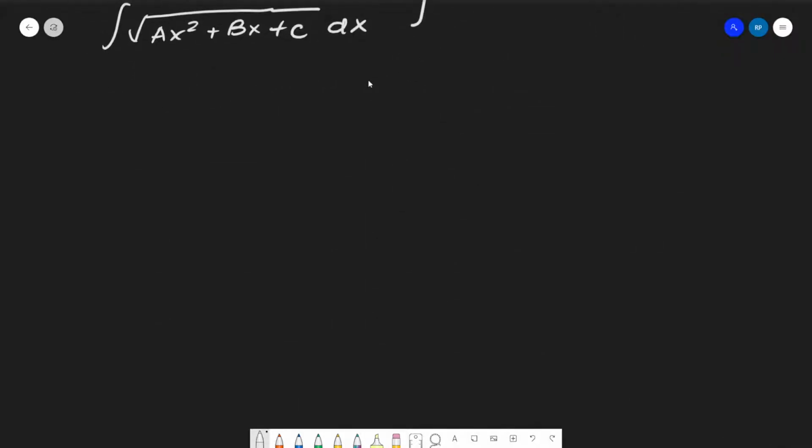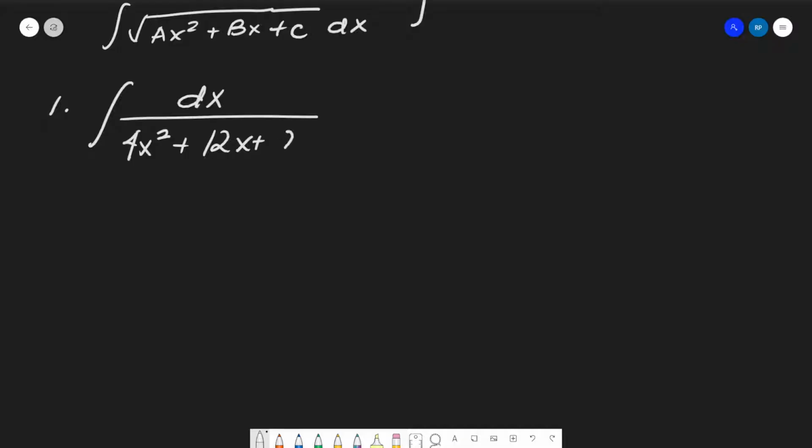Number 1, we are asked to find the integral of dx over 4x squared plus 12x plus 25. So ito yung pinapahanap na integral sa atin. So ano bang gagawin natin dito?